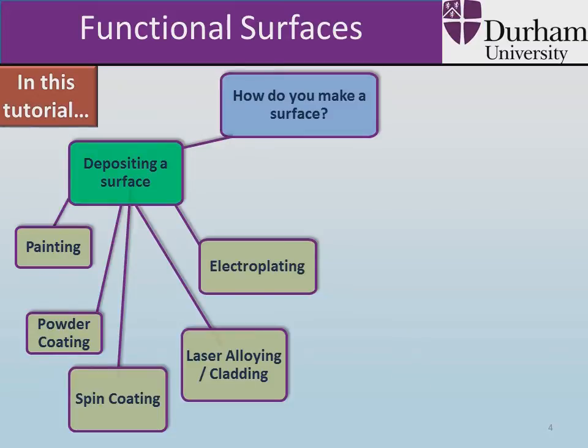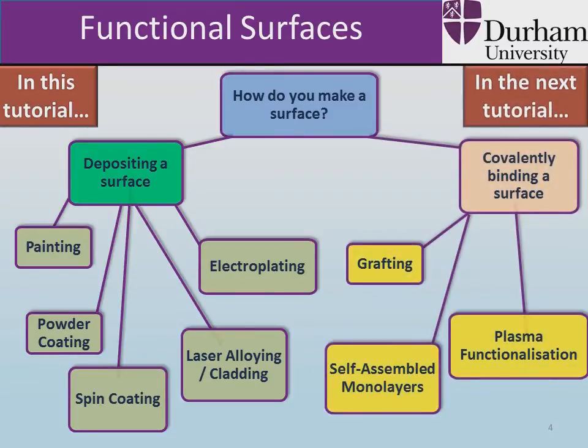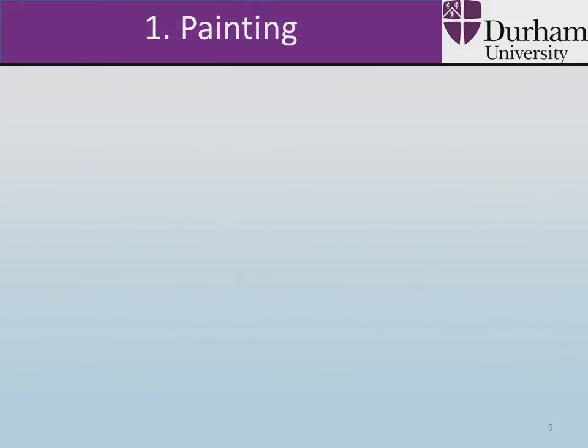Then, in the next tutorial, we will discuss how we can form a surface using grafting, self-assembled monolayers, and plasma treatment, which are all methods whereby a chemical bond is formed between the substrate and the new surface. We will start with painting.